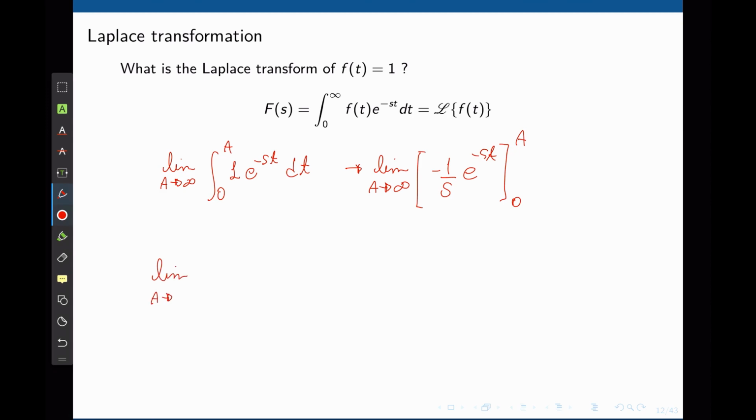This is now the limit when a tends to infinity of, replacing a, negative 1 over s exponential of negative sa. Now replacing 0 in the exponential gives 1, so minus negative 1 over s is plus 1 over s. And the result of this, when a tends to infinity, this term goes to 0, and the result is 1 over s. Luckily, we don't need to do this every time. Tables of Laplace transforms exist.